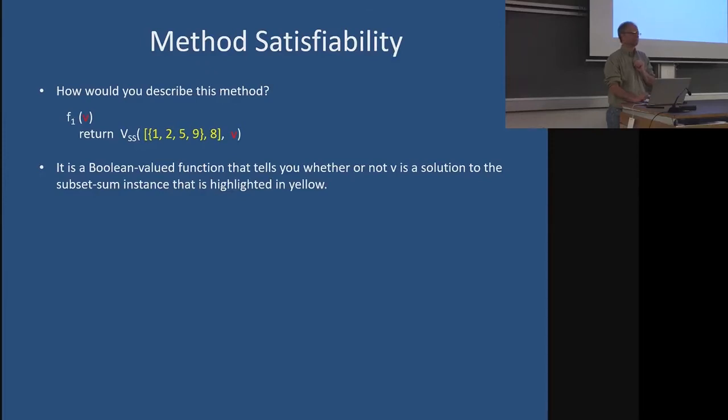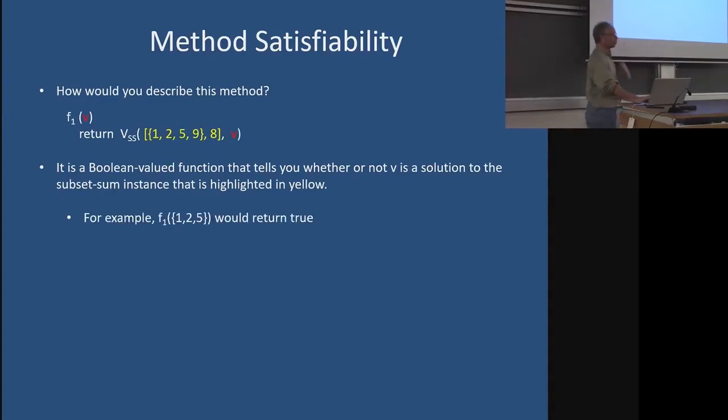A V that satisfies. It's going to give you back a V, such that if you pass V to F1, you get true back. What's another way of saying what it does? Finds a solution to the subset sum problem. Yeah, it finds a solution to that yellow instance of the subset sum problem.